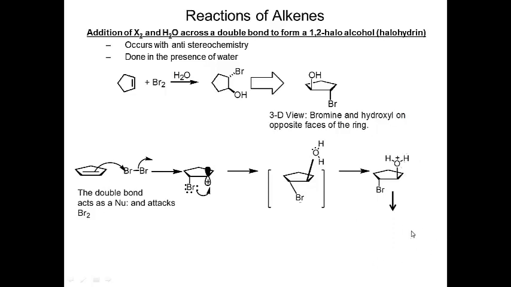Let's look at that again. Here comes water coming in. It attacks. I get a new bond here between carbon and oxygen. I break the bond between carbon and bromine, and now I'm at this hydronium intermediate, and now bromide comes in and deprotonates that, and then I get my product shown here, my halohydrin.